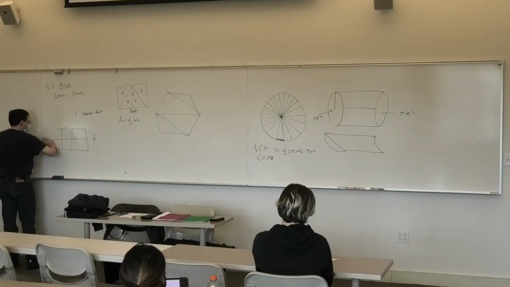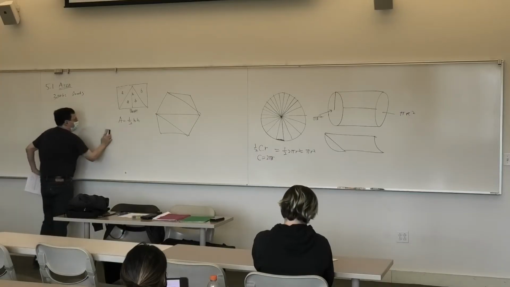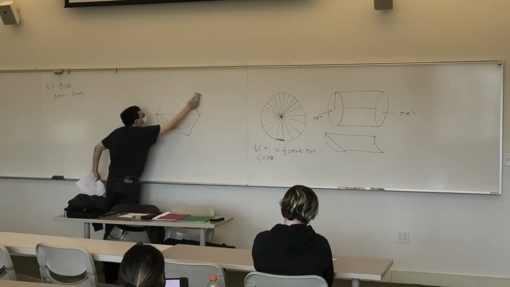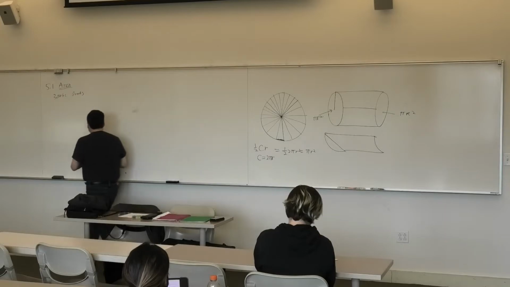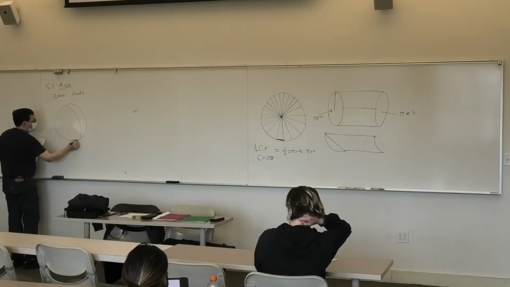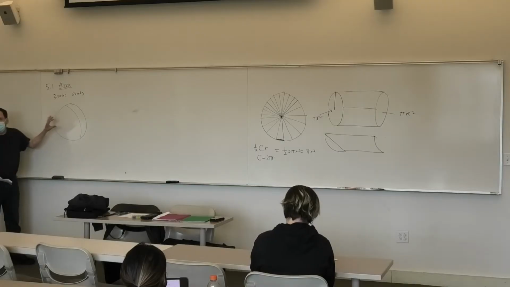Finally, we run into a problem that we really don't know how to do anything about, which is you have a sphere. Well, there's no way to flatten out a sphere.